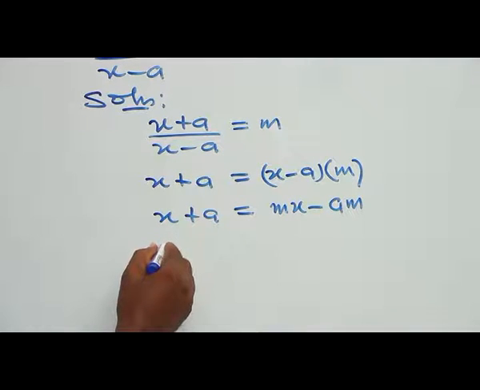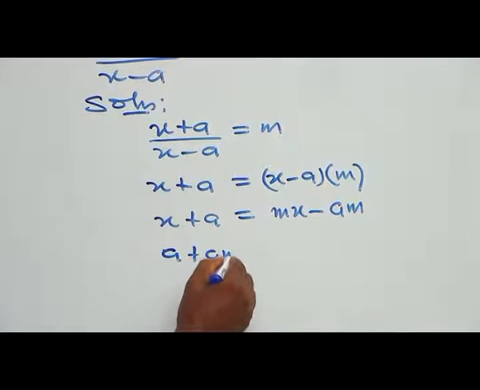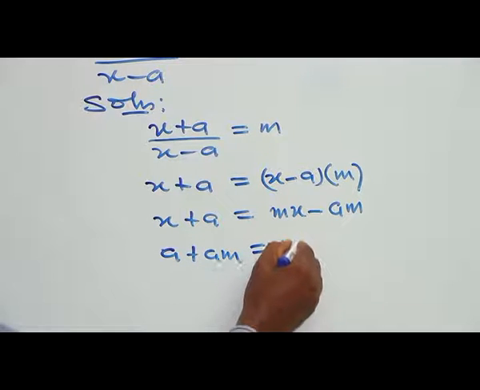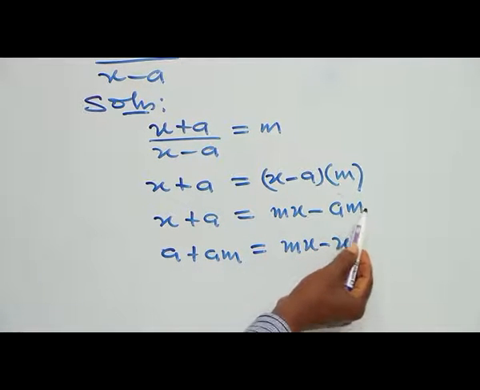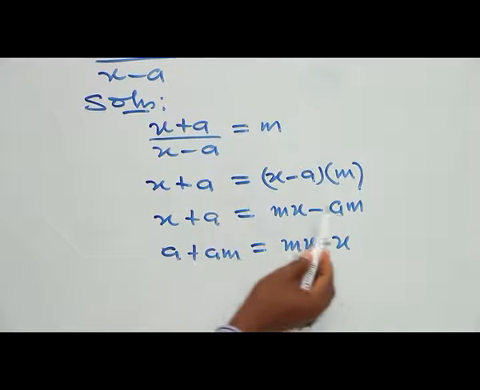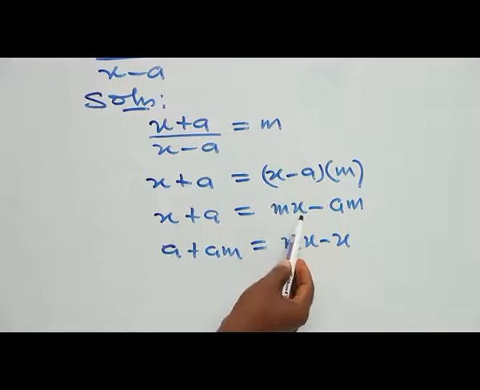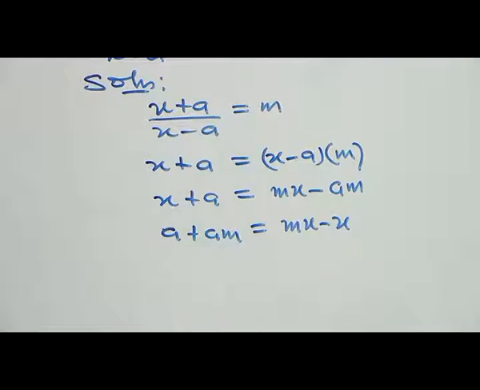In this regard, we have our a plus an is equal to ns minus s. I have taken minus an to the left hand side, it becomes plus an. And while I have taken my s to the right hand side, it becomes minus s. In other words, I have added an to both sides and subtracted s from both sides to give me this expression.